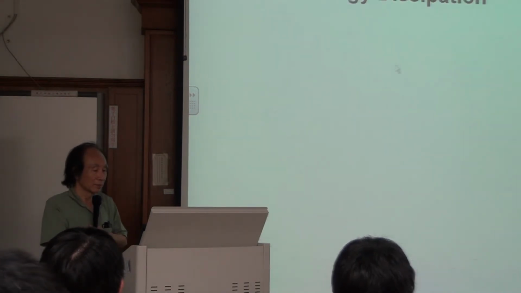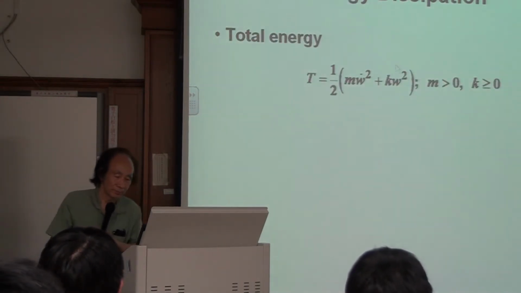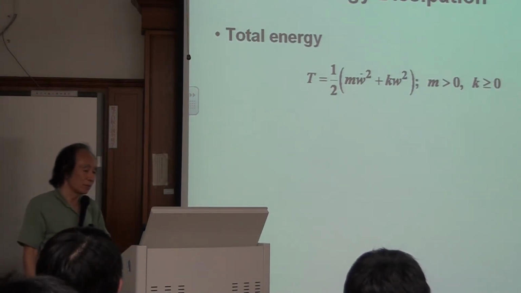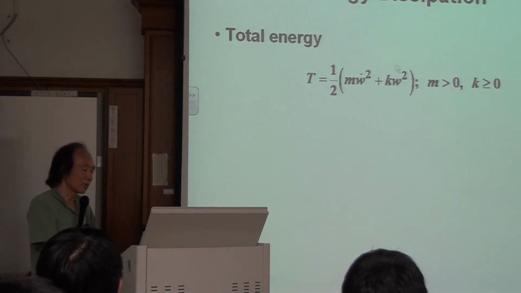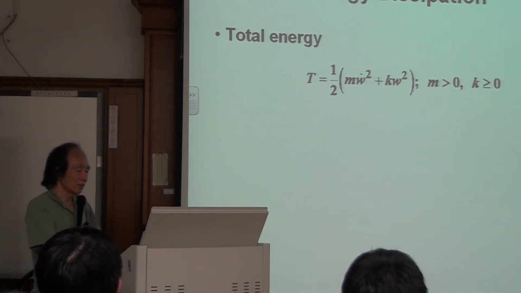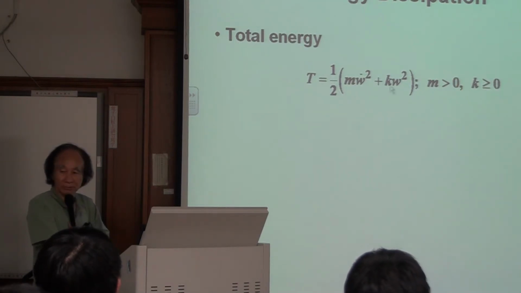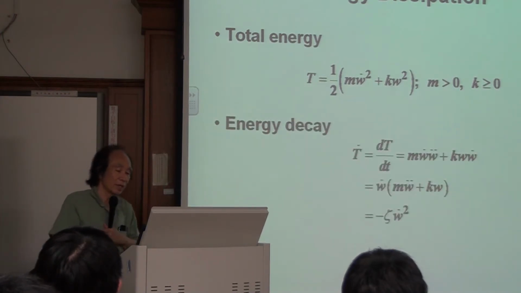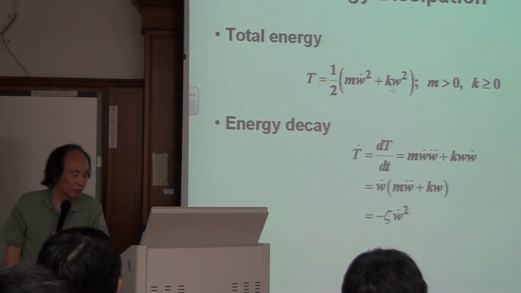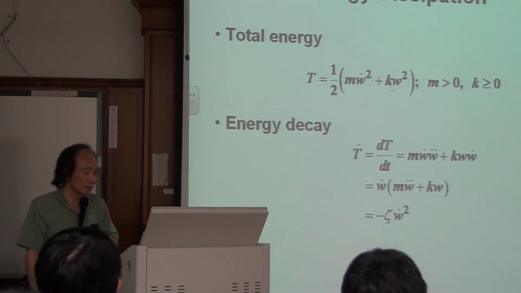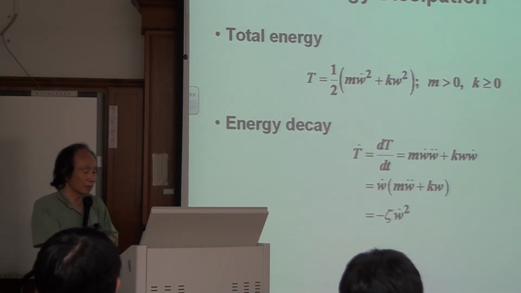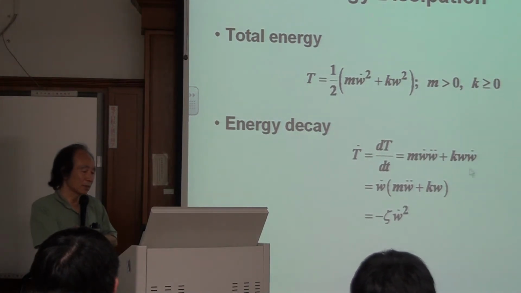Okay. So energy dissipation. For any system, the total energy will be half m w dot squared plus half k w squared, and this is kinetic energy, and this is potential energy. The energy decay: if we take the derivative of the total energy T with respect to time t, it equals m w dot w double dot plus k w w dot.